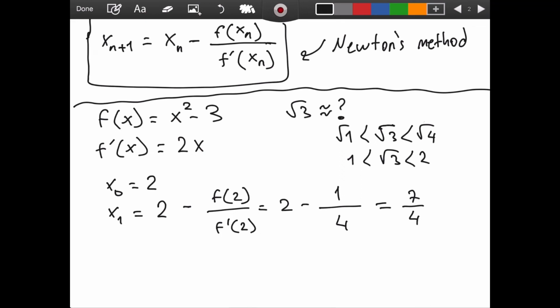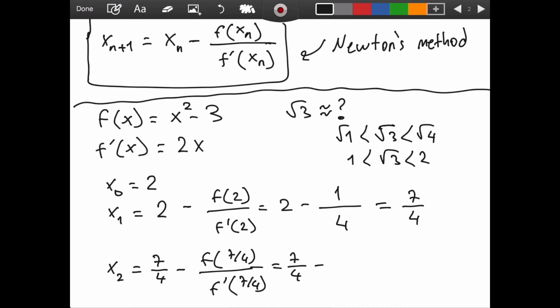Right, let's do it with x2 as well. We now have x1, we subtract f of 7/4 and then f prime of 7/4. We square it, a minus here, and 2 times 7/4.